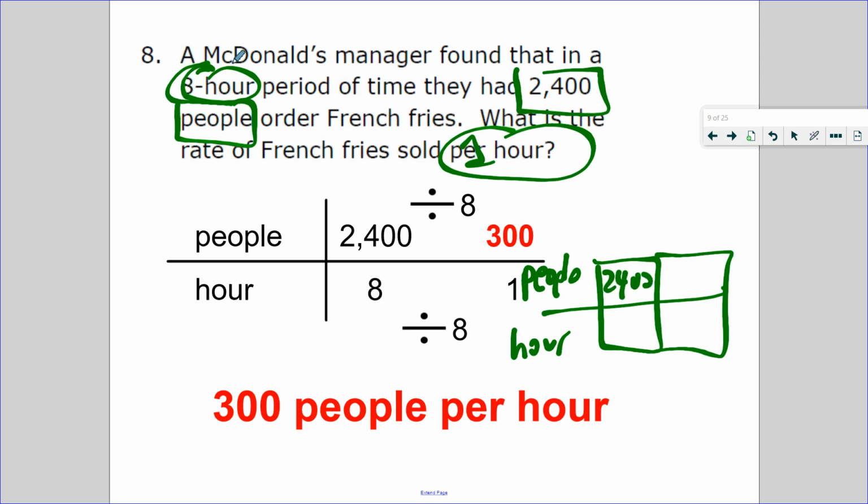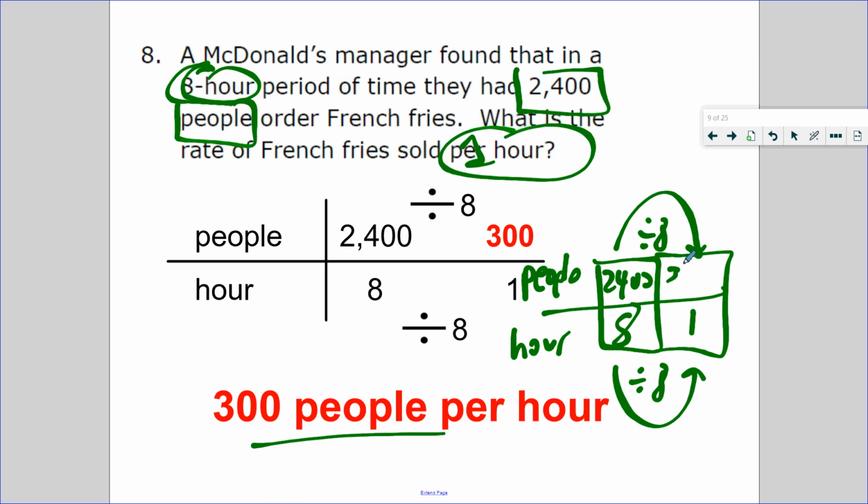How many hours was that? 8 hours. So we put 1 hour. What's the relationship from 8 hours to 1 hour? Divide by 8. So 2,400 divided by 8 is 300. So it's 300 people for 1 hour, 300 people per hour.